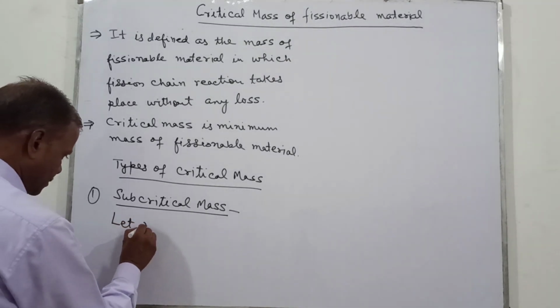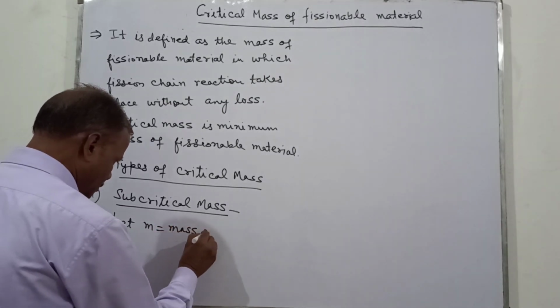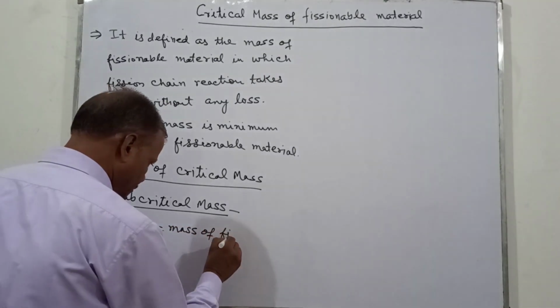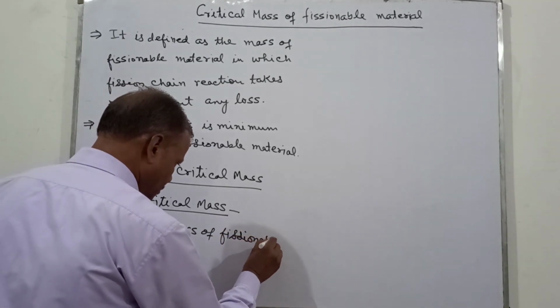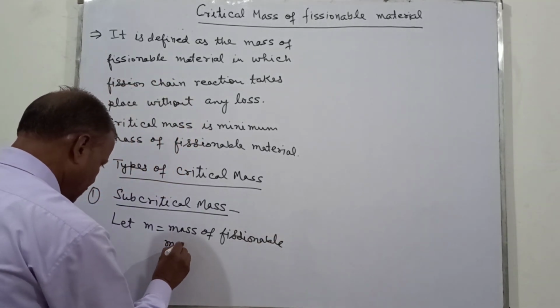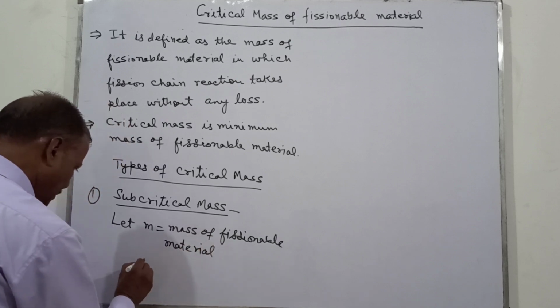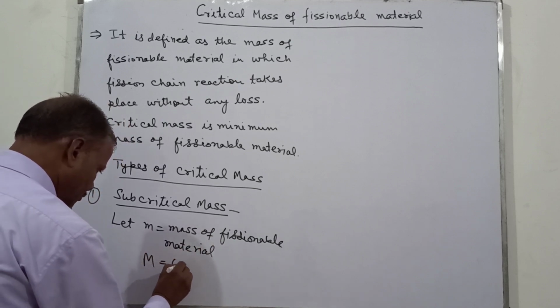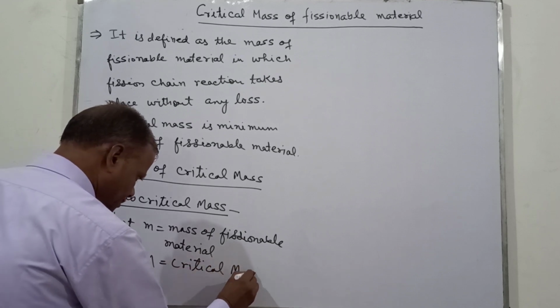let small m equal the mass of fissionable material, and capital M equal the critical mass.